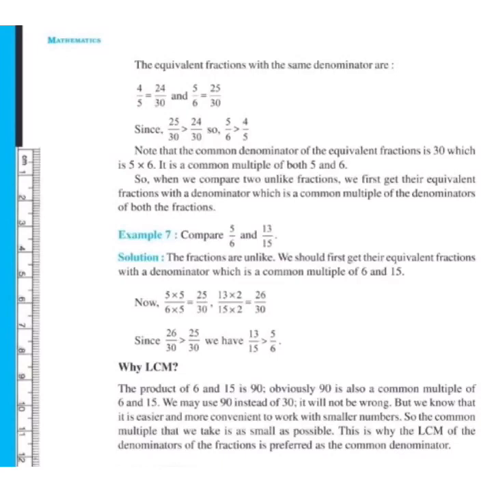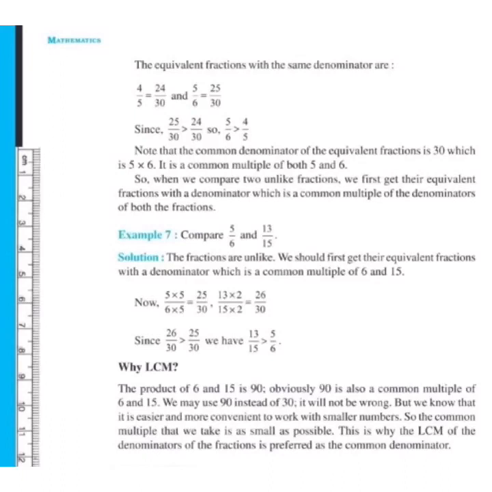Now we will multiply 5 by 5 in fraction 5 by 6. So 5 multiplied by 5 and 6 multiplied by 5 is 25 by 30. And in fraction 13 by 15, 2 will be multiplied by numerator 13 as well. So 13 multiplied by 2 and 15 multiplied by 2 is 26 by 30. Now here the denominators have become equal.